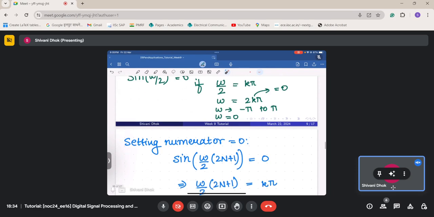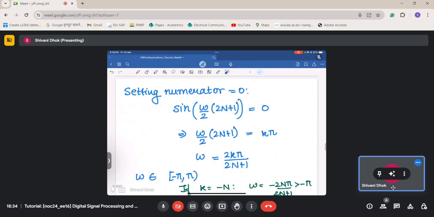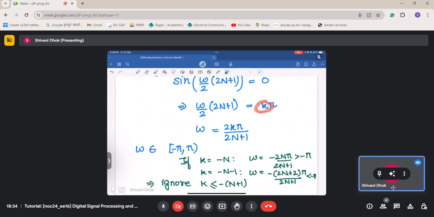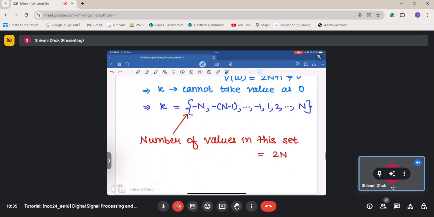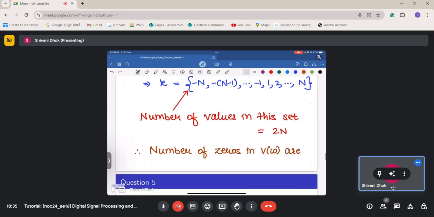So the zeros that are contributed are only by the numerator other than at omega equal to 0, and those are indexed by this integer k, where this integer k can take values in this particular set, and the number of values in this set is 2n. So therefore, the number of zeros in v of omega are 2n.